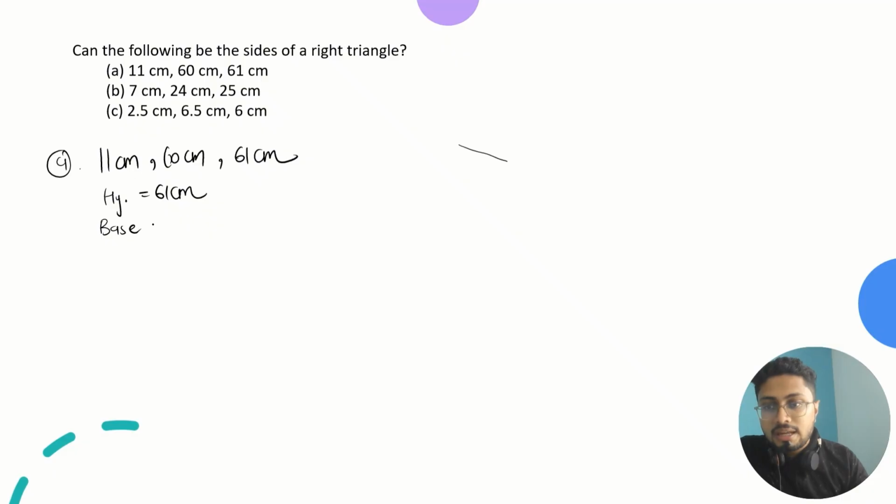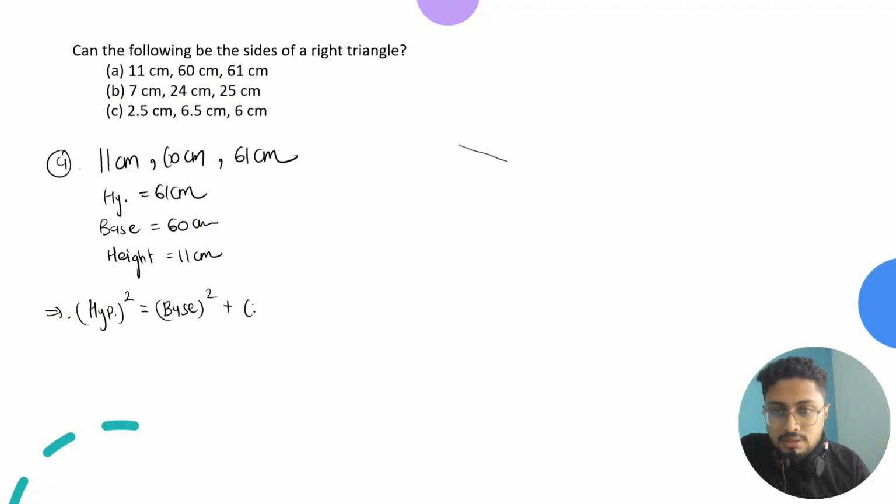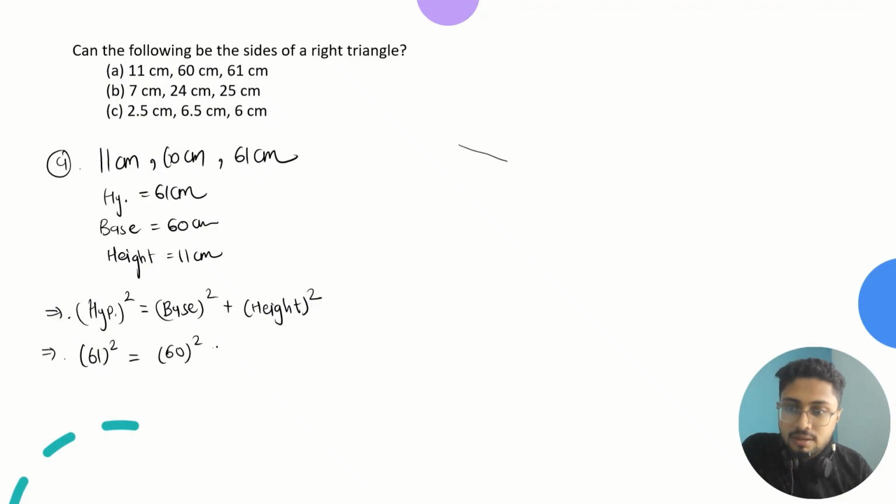Any one you can take as a base, and any one you are considering as a height or altitude, 11 centimeter. Okay? What is the formula? Hypotenuse square is equal to base square plus height square. So 61 square is equal to 60 square plus 11 square. 61 square is 3721.